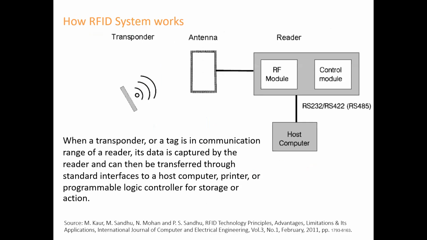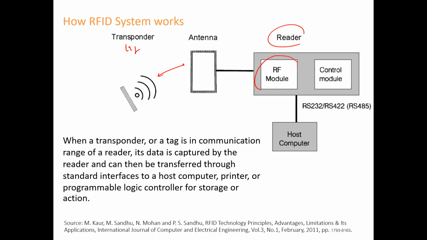And how an ID system works is very simple. Like this, you have the transponder or the tag, and you have a reader here. Both have antennas, right? When a transponder or a tag is in the communication range, close enough to communicate with each other, its data is captured by the reader. The data is captured in radio frequency format for the signal, and then can be transferred through a standard interface to the host computer.